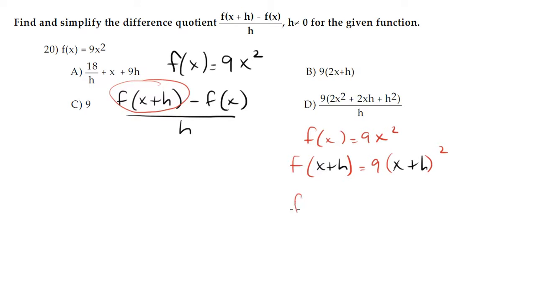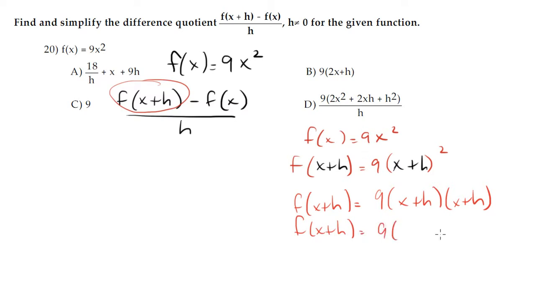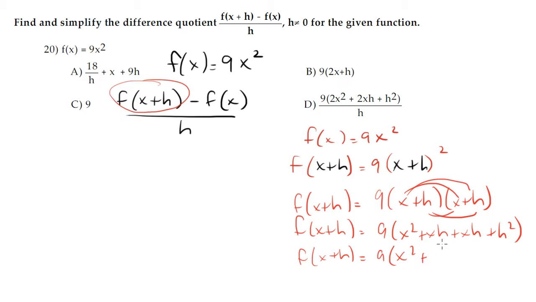So, x plus h squared is x plus h times itself. Let's multiply: x squared plus xh plus another xh plus h squared. So f of x plus h is 9 times x squared plus 2 xh's plus h squared.